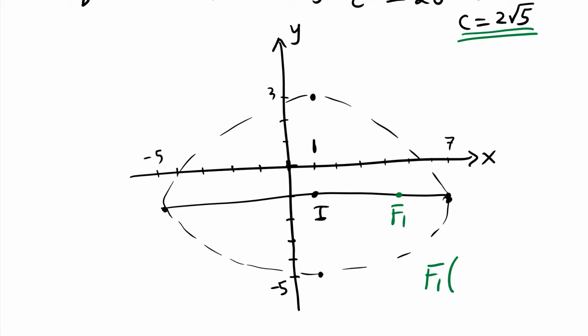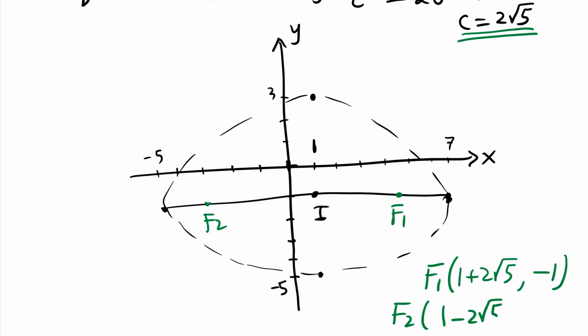F1 has coordinates 1 plus 2 root 5 for the x value, and the y is the same y value as I, which is negative 1. If you travel to the left, F2 is 1 minus 2 square root of 5, comma negative 1. Those are the foci, F1 and F2.